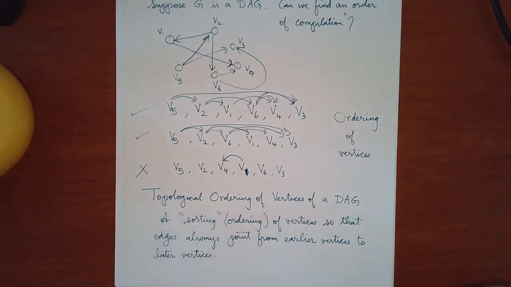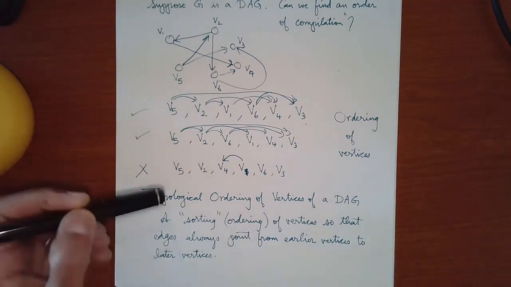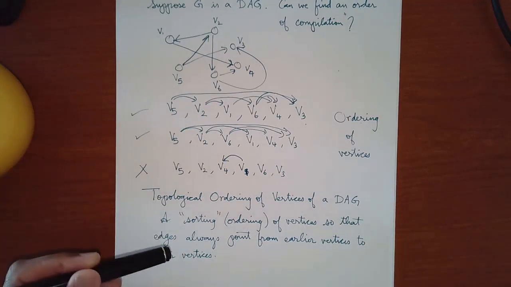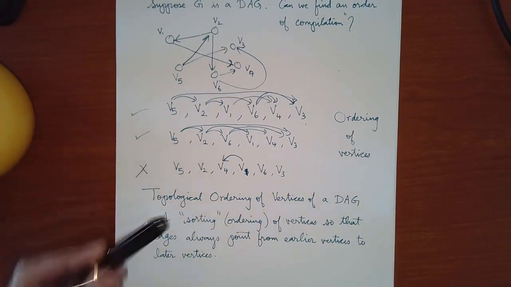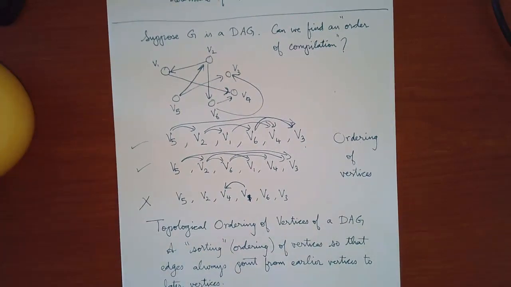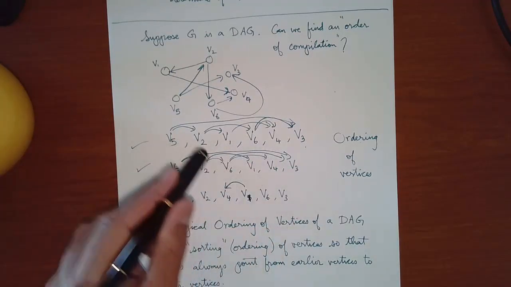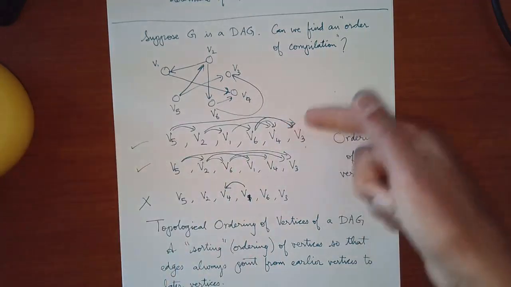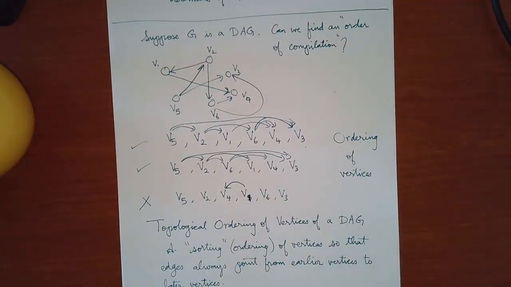So a topological ordering of vertices is to order the vertices of a DAG so that this happens. Do you see that if a graph is not a DAG, you cannot topologically order? Because no matter how you put the vertices, if there's a directed cycle, something is going to go back. Okay?